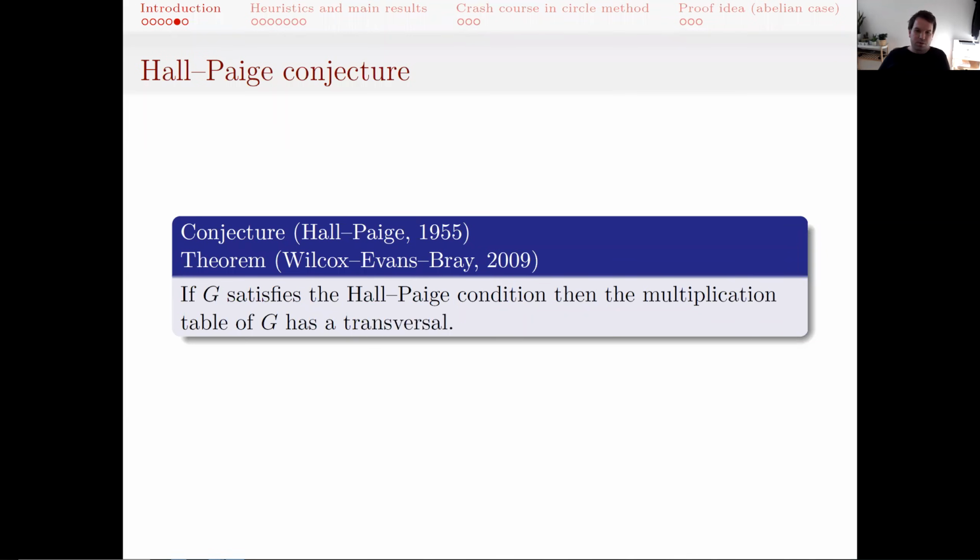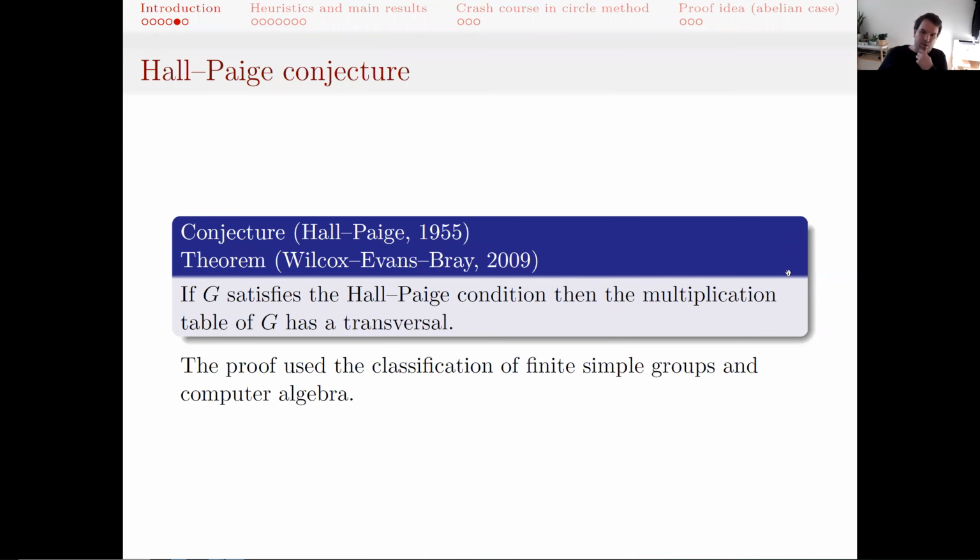And then how the proof was finished was that you used the classification of finite simple groups. And then you had some complete examples. For some of these examples, it was relatively easy to prove that the conjecture holds, and for some others, it was much more difficult, and you actually had to use some computer algebra. But the point is the proof was very, very sophisticated and used quite difficult results from group theory.